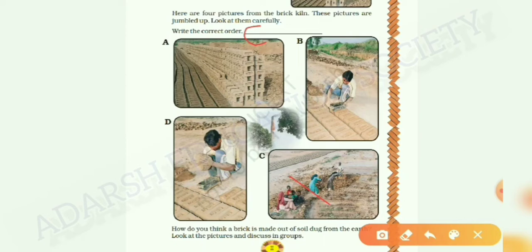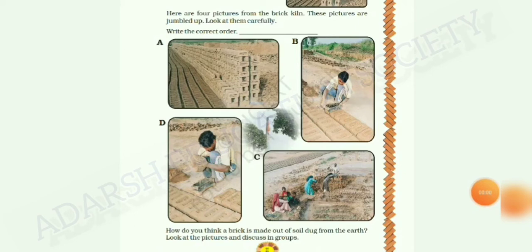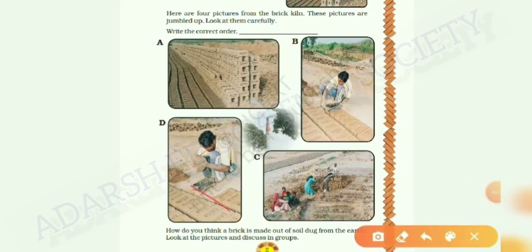Then next D. Give the shape. Then next mold out. First C, then D and B, right? And last one, A. Bricks dried out, right?